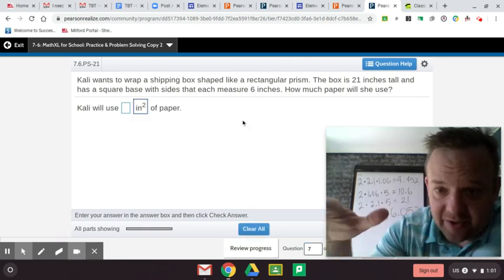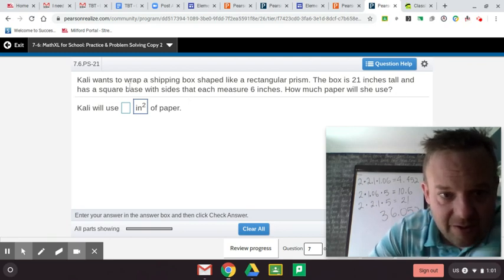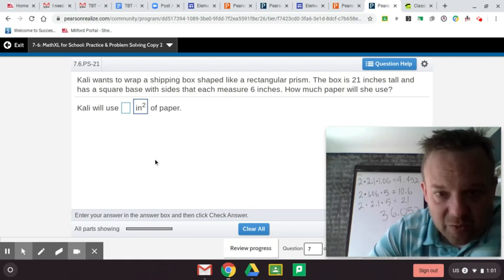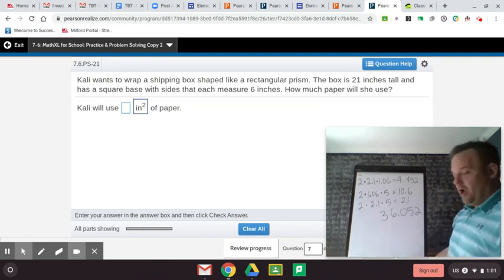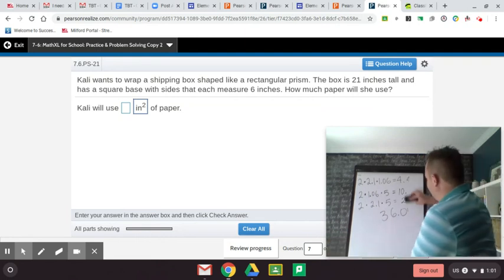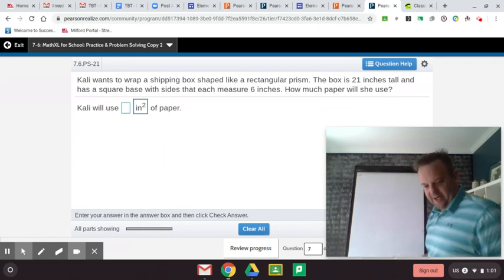All right, so it's a rectangular prism. We have the height, and the base is 6. So it's a square base, so 6 by 6. The length is 6, the width is 6, and the height is 21. All right, so this is like the birdhouse question, and we're going to set it up just like that.